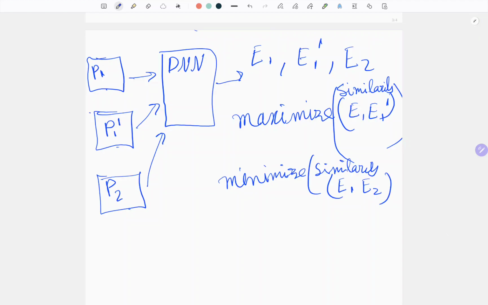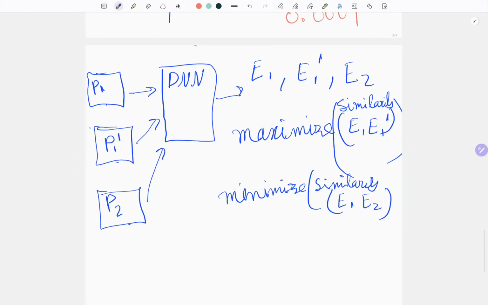So we have a triplet of inputs, and we have two goals: maximize the similarity between the embeddings for the same person, and maximize the distance, or minimize the similarity, for a different person. We can mark these as red and these as green, same person and different. This is our goal.